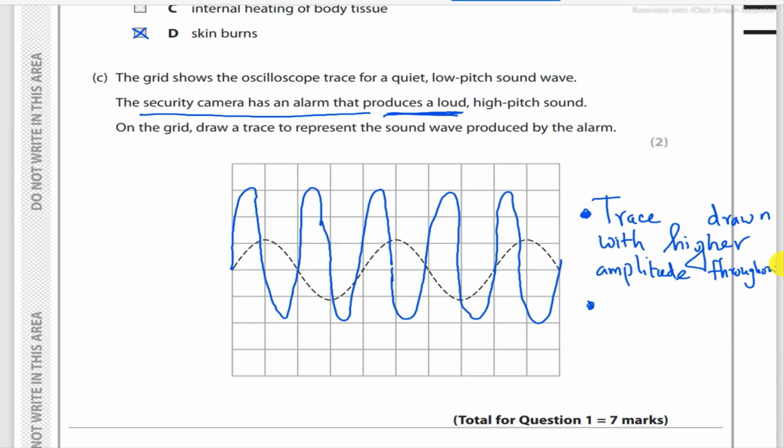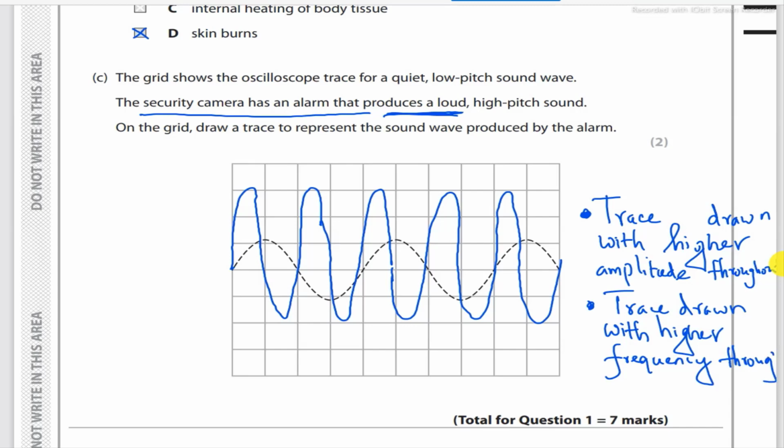On the other hand, the trace must be drawn with higher frequency throughout.